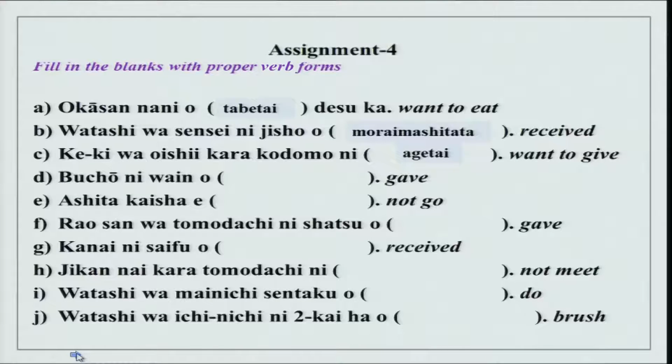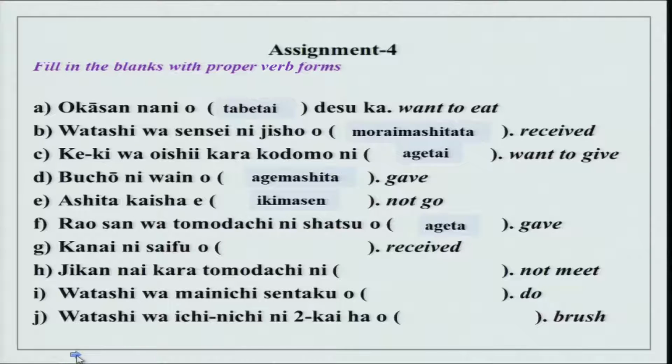Buchou ni wain o agemashita. Ashita kaisha e ikimasen. Not go because of ashita. Then Rao-san wa tomodachi ni shatsu o ageta. Rao-san gave to his friend.